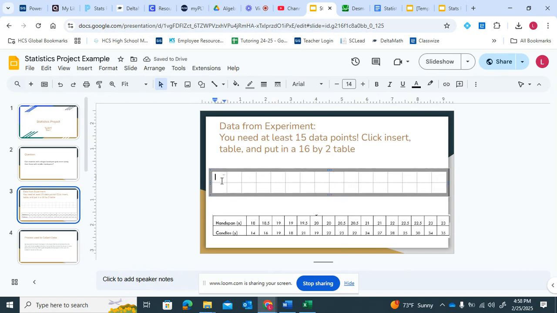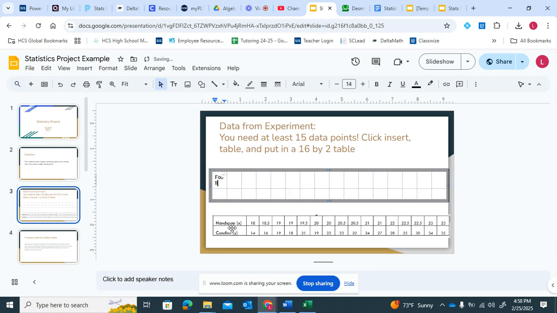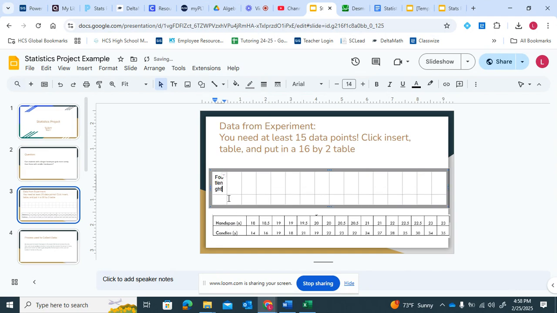You want to make sure you label what X is and what Y is. So if the question that I gave you was, is there a relationship between foot length and index finger length, you would say foot length is X. You could make this bigger by dragging it.